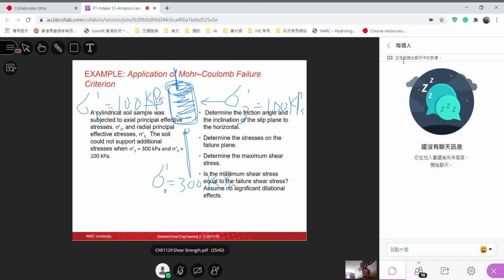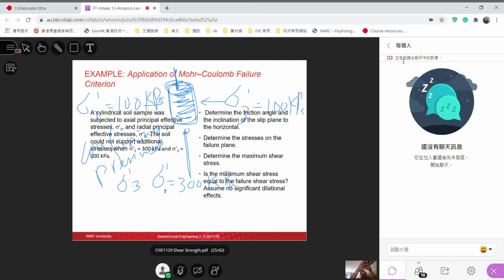So in this example, we have a soil specimen, cylindrical in shape, put in a triaxial cell. We apply a confining pressure equal to sigma 3.